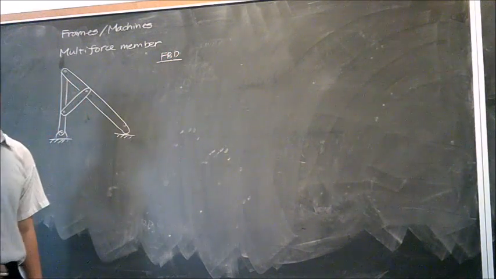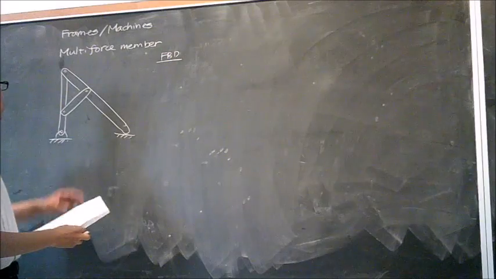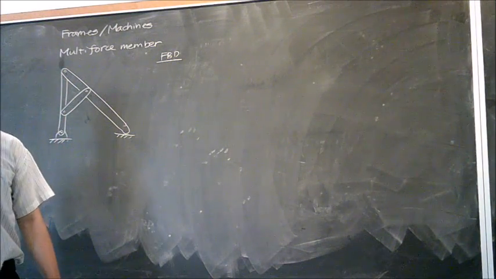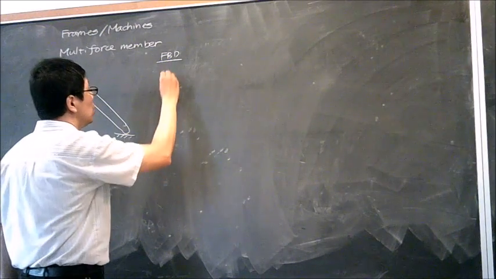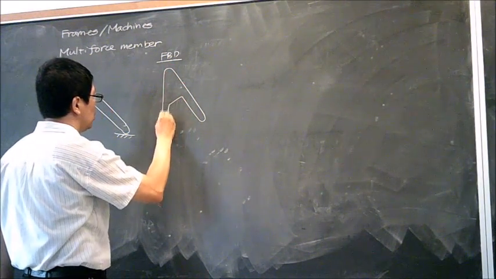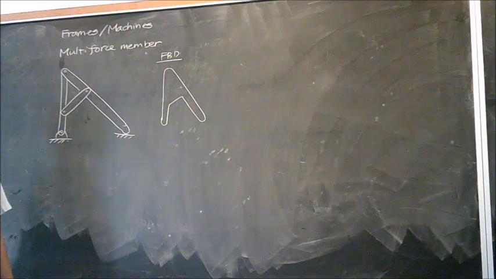How many free body diagrams do we need to deal with to find out the forces of all the connections? 4. Why is it 4? The first one is the whole structure.